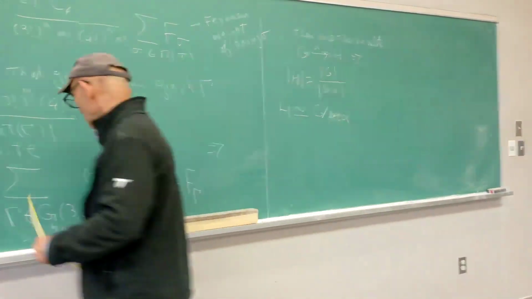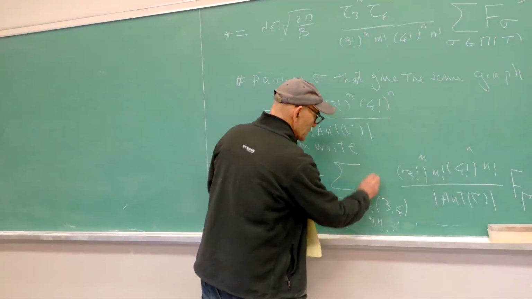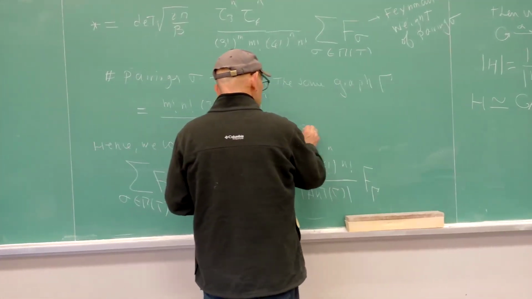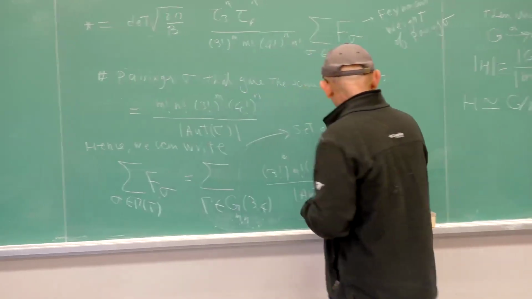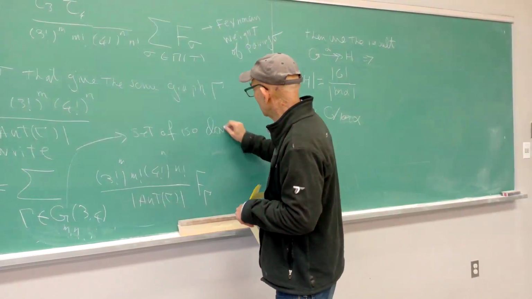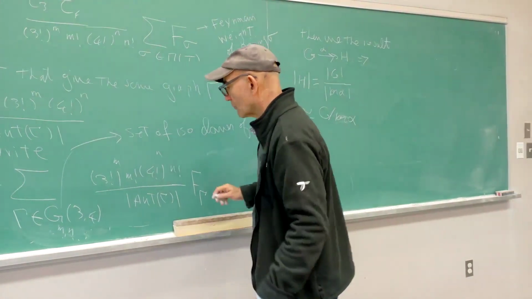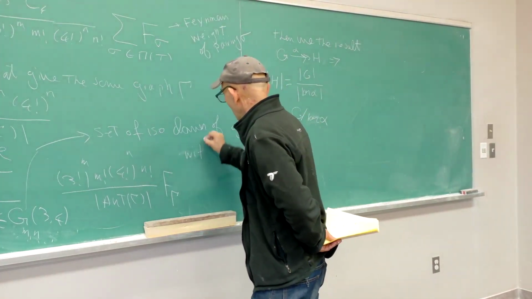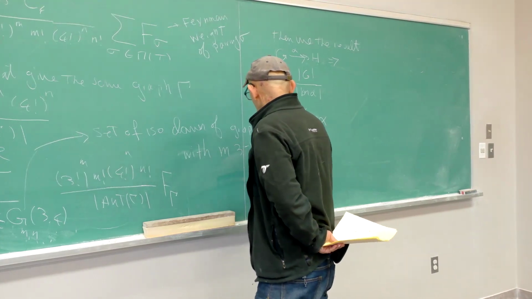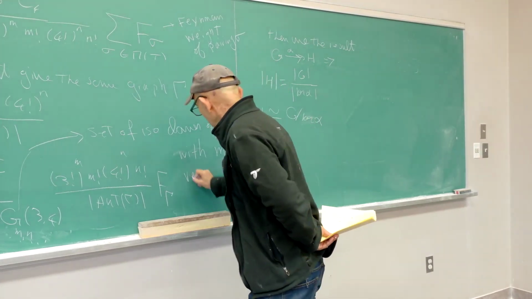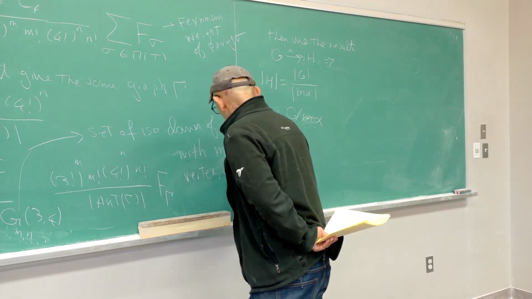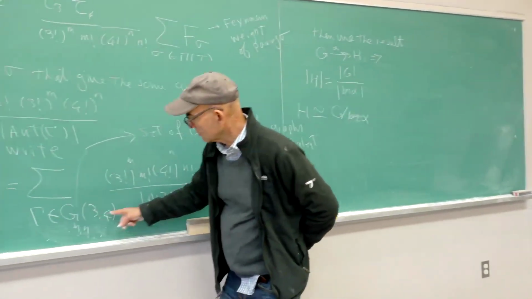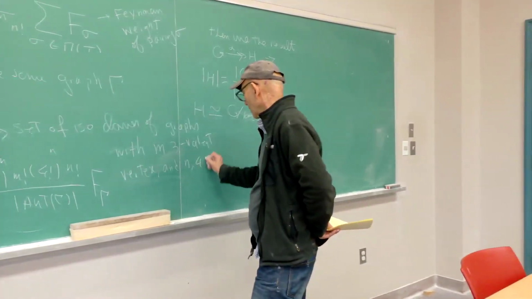Okay, first of all, what is this G of 3, 4? This is the set of isomorphism classes of graphs with M trivalent vertices and N four-valent vertices. So M goes with 3, N goes with 4.